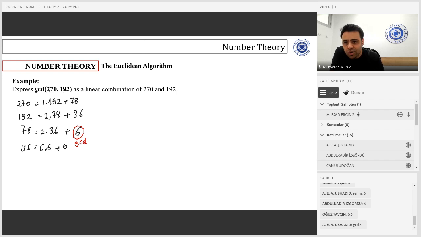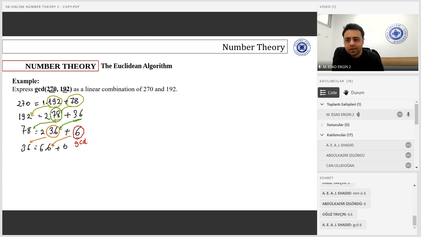And let me show you again here. As we know, we use that one on the left side and use that one on the right side, and then in the next step, we use 78 on the left side and 36 on the right side, and then we use 36 on the left side and 6 on the right side.